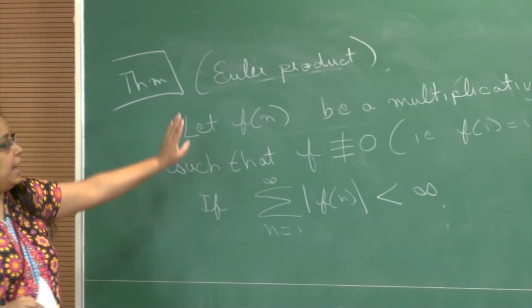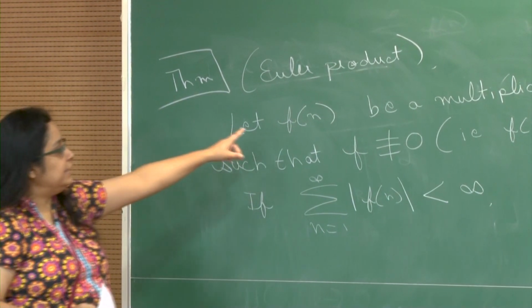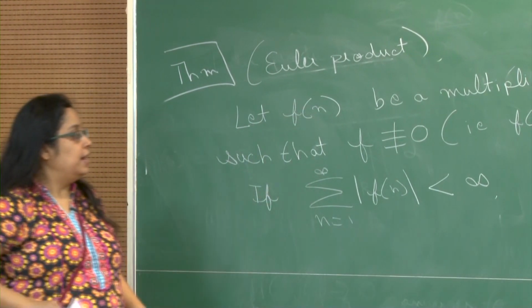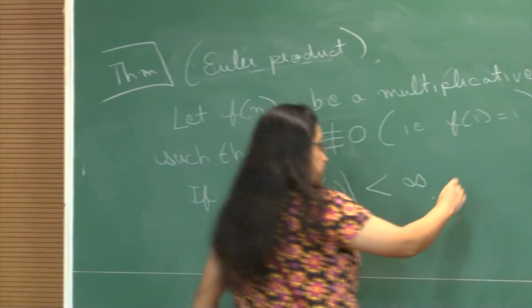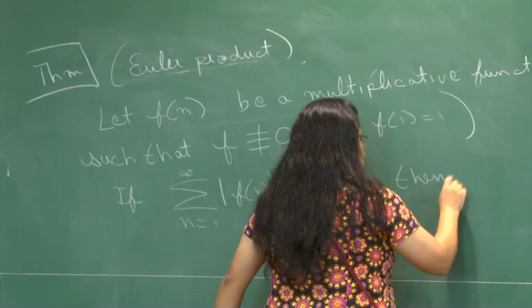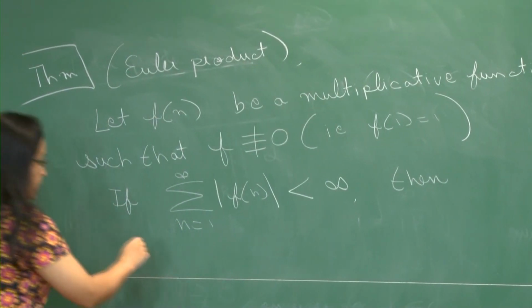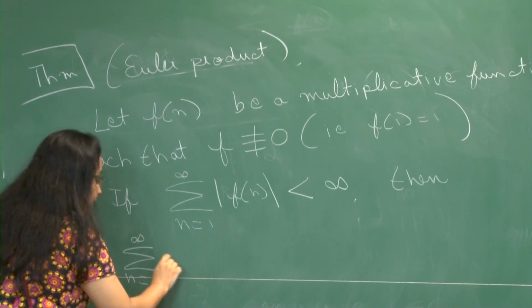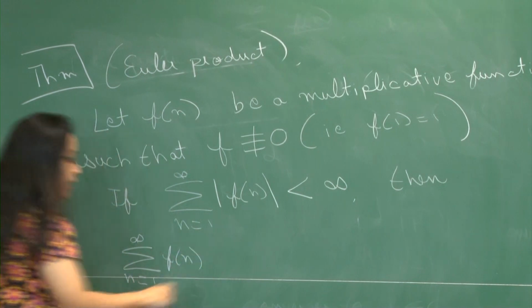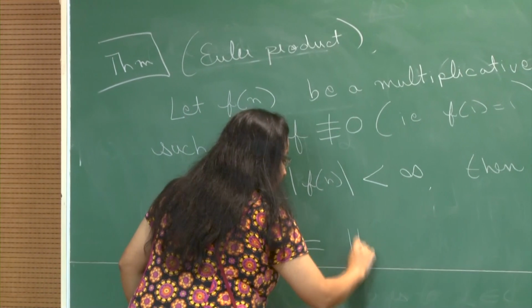So, if you just have a multiplicative function such that the sum of the values is absolutely convergent, then the summation over n going from 1 to infinity of f of n can be written as an infinite product over primes.